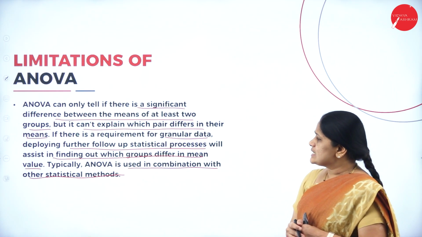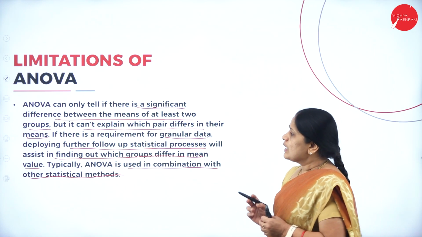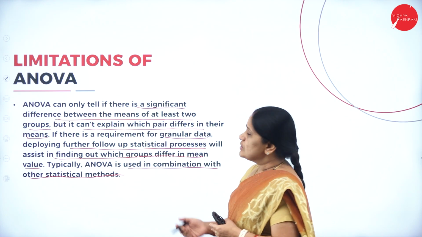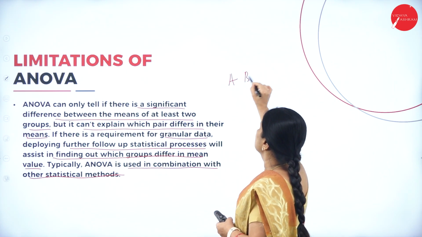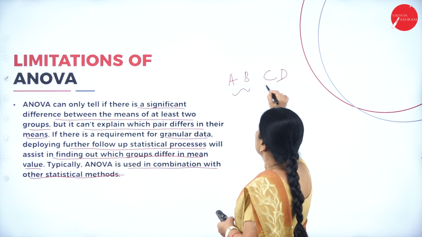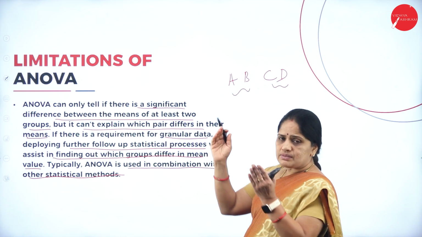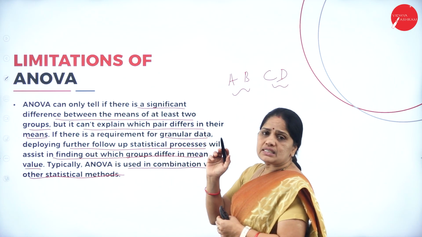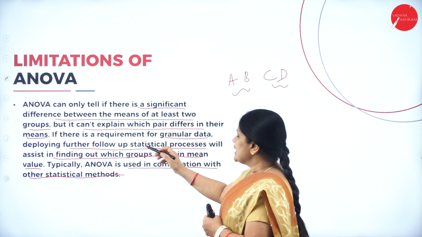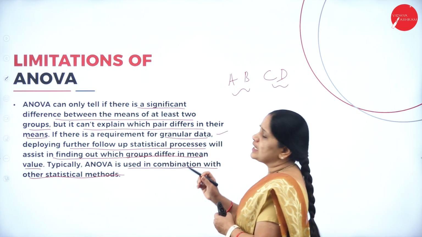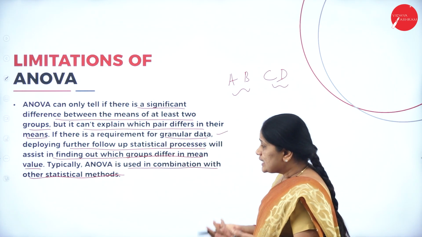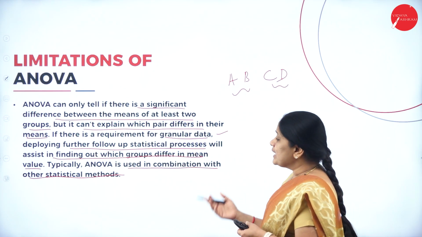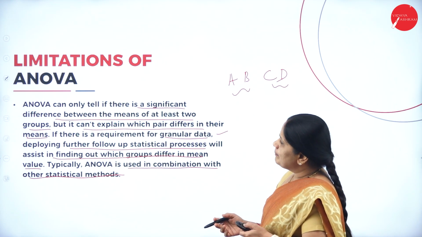It will just tell us the difference between groups, but it can't explain which pair differs in their means. If you have A, B, C and D, it will tell there is a significant difference, but cannot explain which pair differs in their mean. And if you want minute data, then it will not help. So ANOVA is used in combination with other statistical methods.